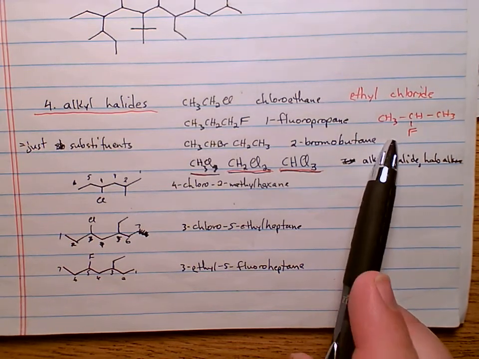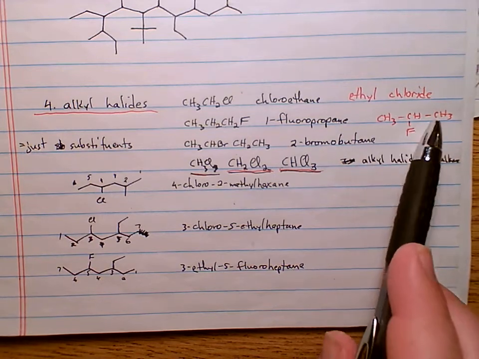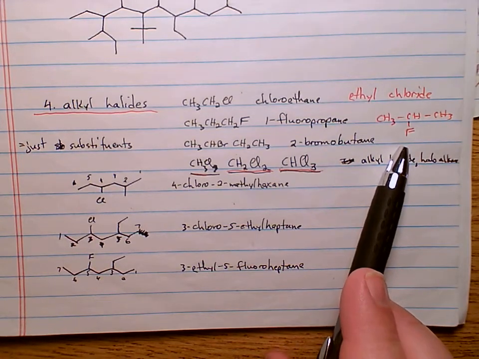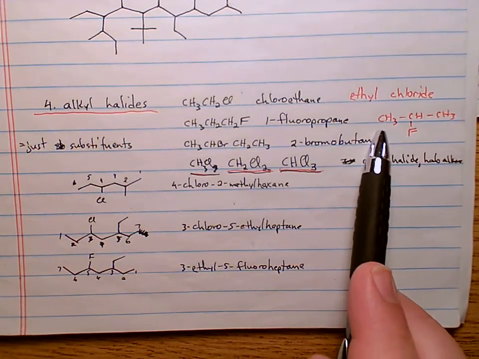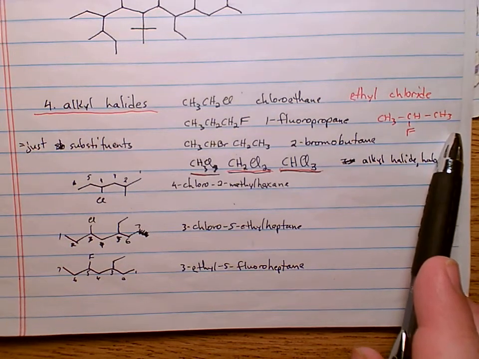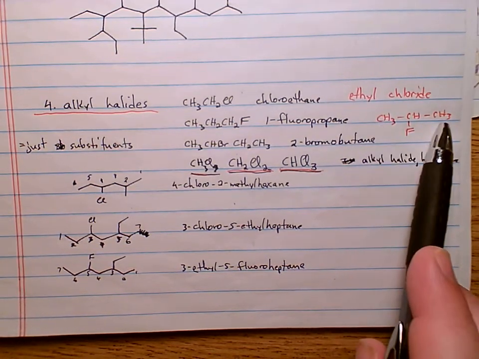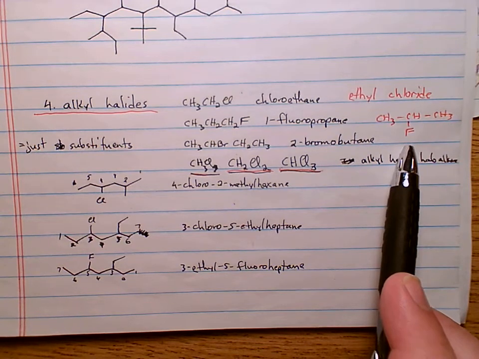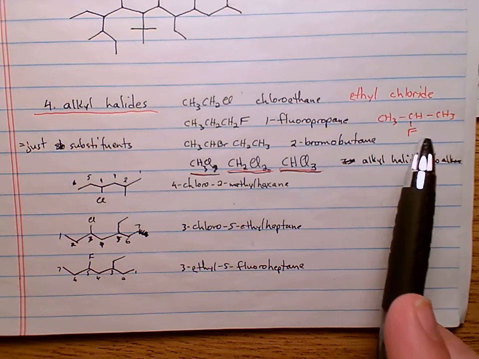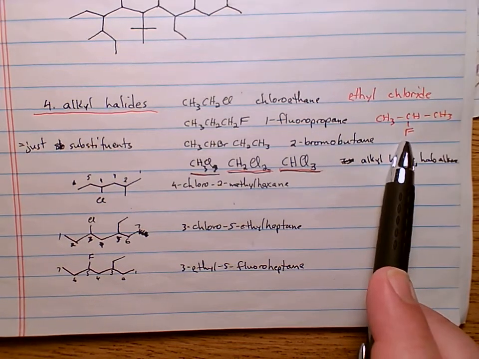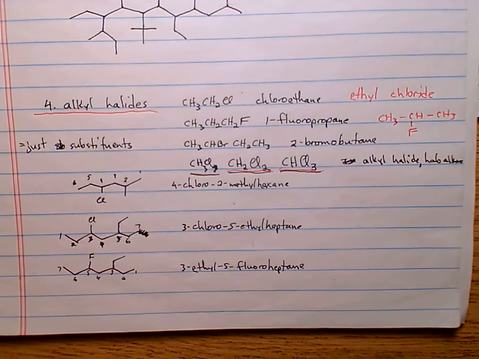The common name for this would be isopropyl fluoride. What would be the IUPAC name? 2-fluoropropane. So IUPAC, it's longest chain, 3 carbons, propane, a fluoro on carbon 2, 2-fluoropropane. Common name, it's a fluoride, and this is an isopropyl group, therefore it's isopropyl fluoride.